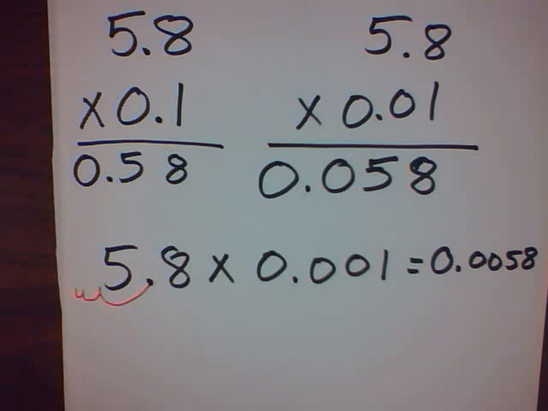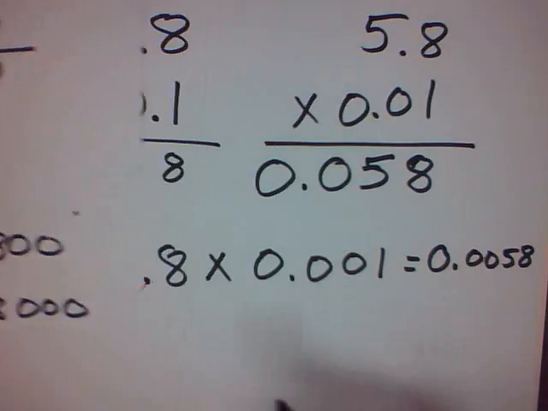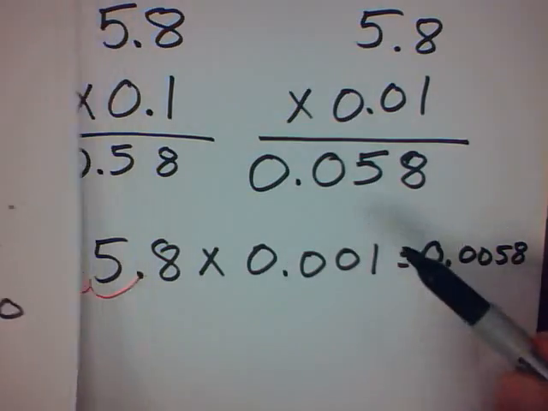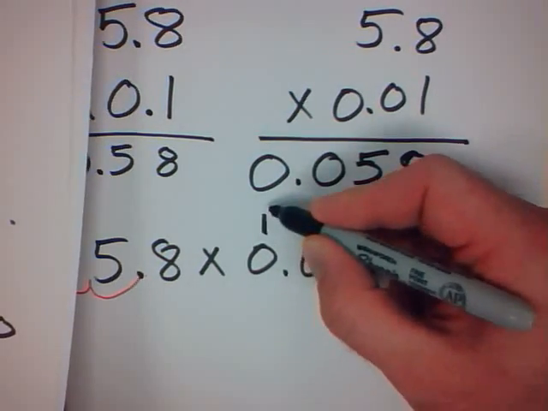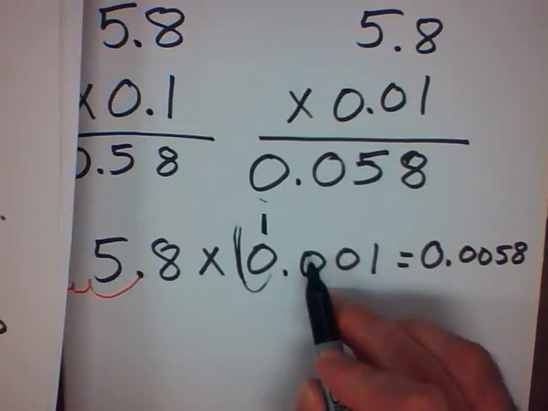Sorry, I ran out of room on my paper. Notice the difference from this to dealing with this. How many spaces do I know to move it? Well, there's only 1 ones, and you never count the ones place value, but I have to count the other place values. That's how many spaces you move the decimal.